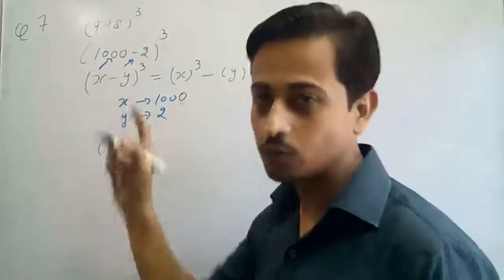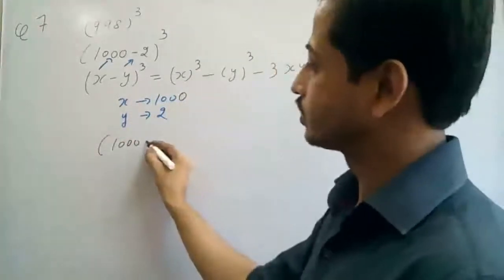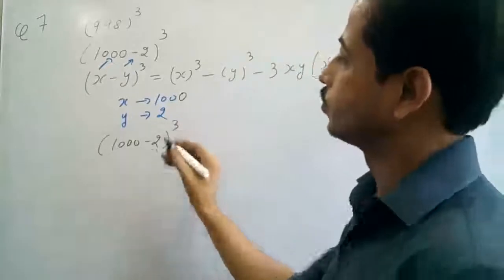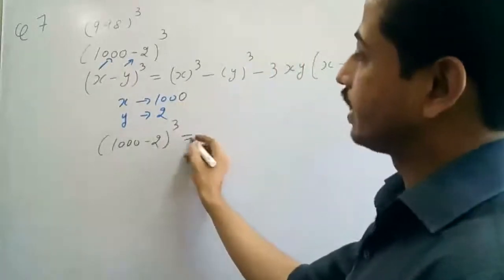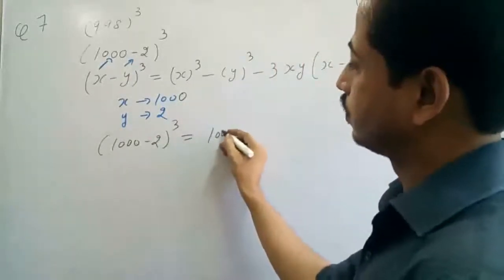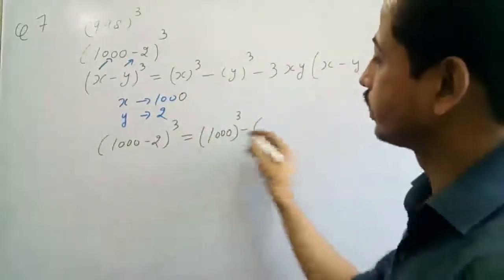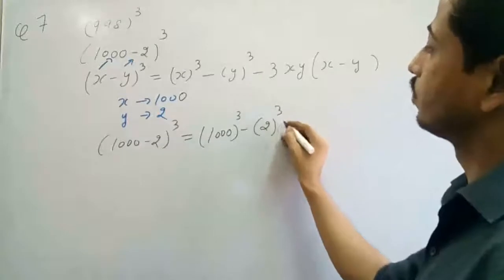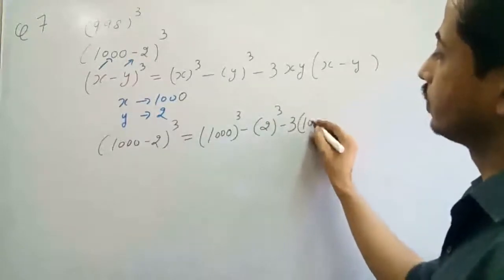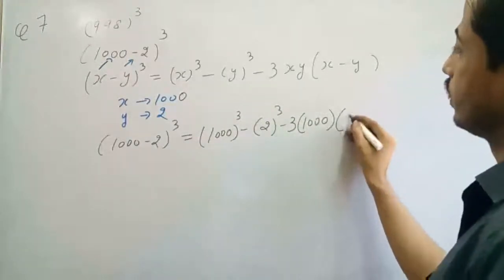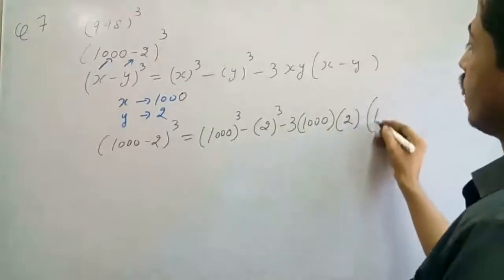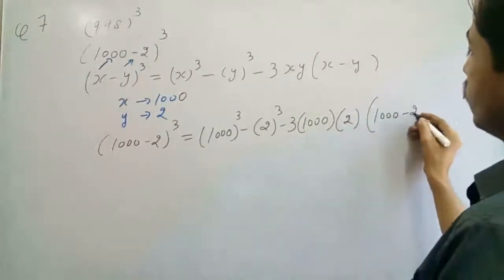So (1000 minus 2) whole cube is what? x is 1000, so 1000 cube minus y cube, y is 2, so 2 cube, minus 3 into 1000 into 2 bracket 1000 minus 2.